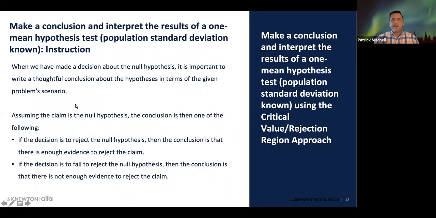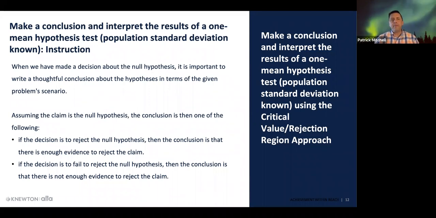When we've made a decision about the null hypothesis, it's important to write a thoughtful conclusion about the hypotheses in terms of the given problem scenario. So that's what we were just talking about. Now, there are two possibilities for what the original claim is. Sometimes the original claim is the null hypothesis, and sometimes it's the alternative hypothesis.